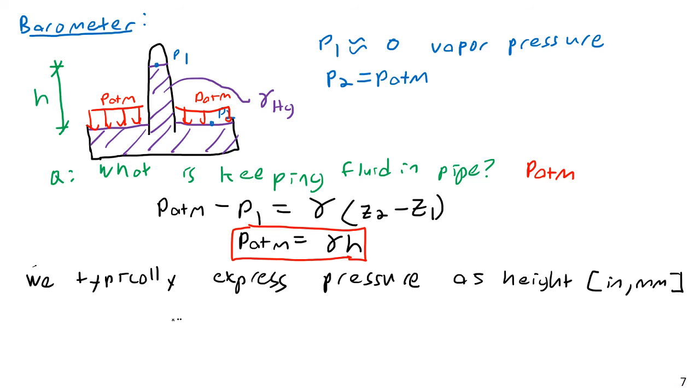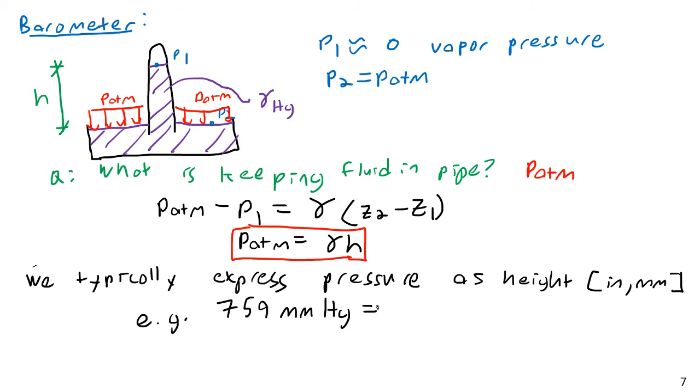So, for example, you probably have heard the atmospheric pressure reported as 759 millimeters of mercury. That is referring to how high the atmosphere is currently capable of pushing a column of mercury.